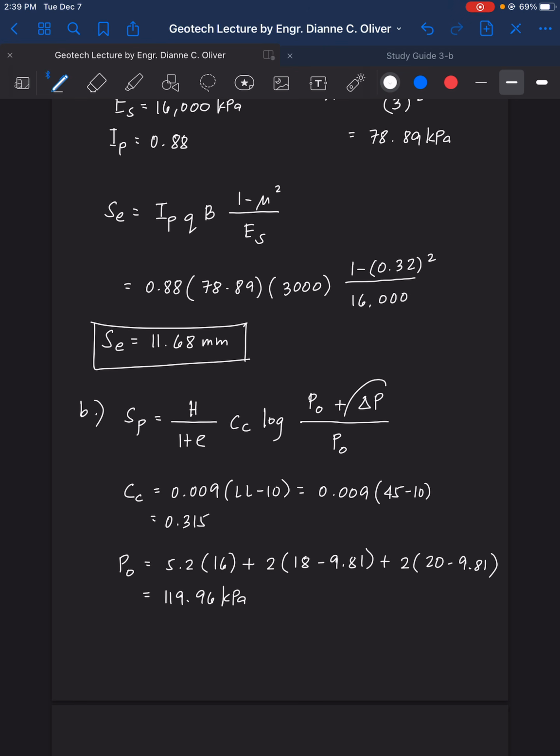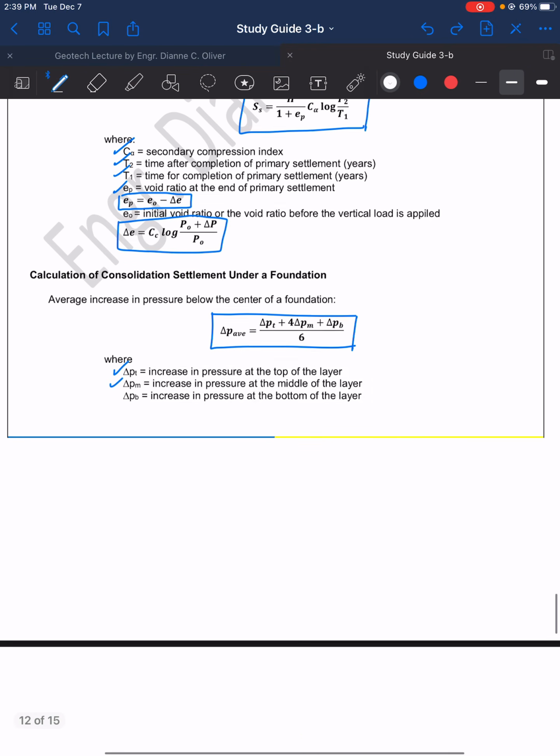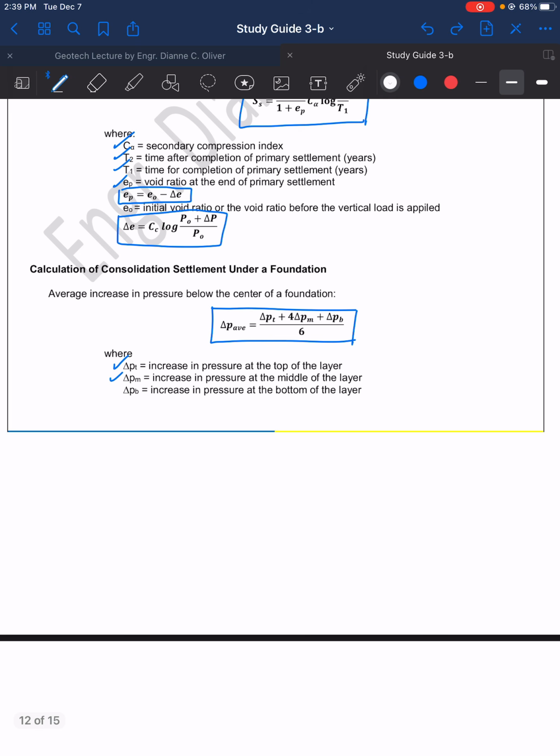Next, let's solve for delta P. How do we solve for delta P now? There is a way given here: calculation of consolidation settlement under a foundation. So we can also use this.